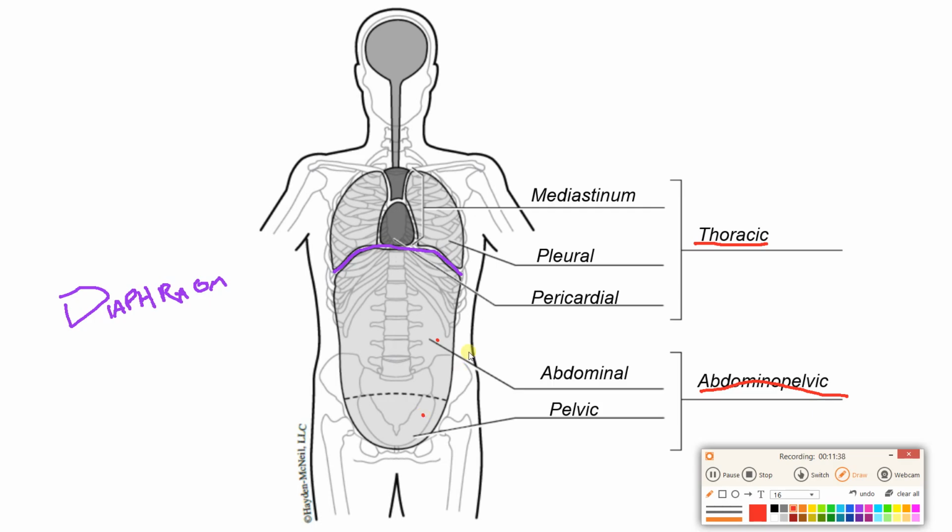Now, what we're going to notice on this picture is that our thoracic cavity has some further subdivisions. Let me outline one of these cavities here. Right here, I am outlining a cavity that's associated with the lung.